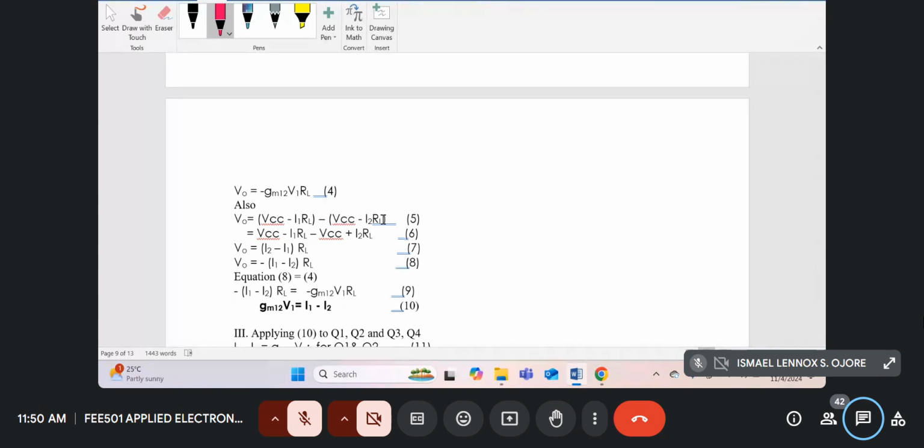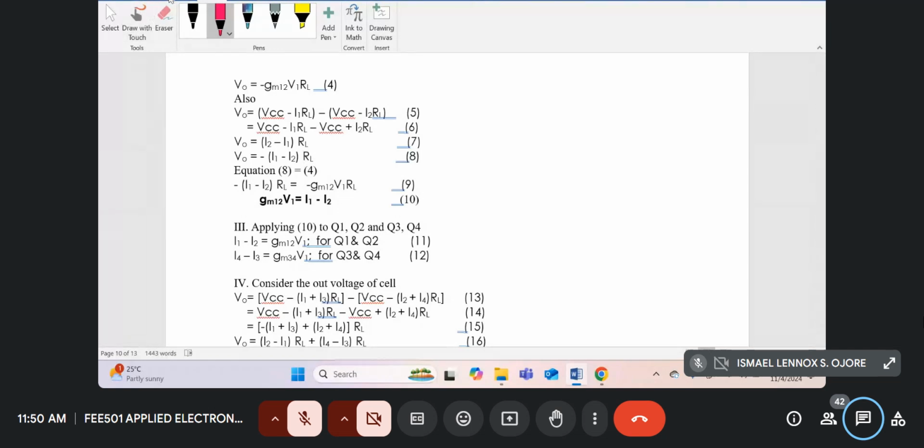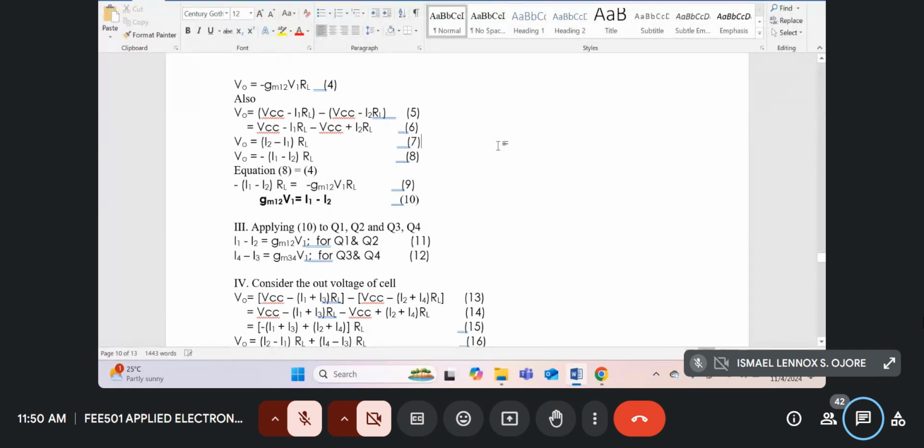So if we subtract the two, we're going to get the voltage across the collectors of the two transistors. So if we open the brackets, we get VCC minus I1 RL minus VCC plus I2 RL.